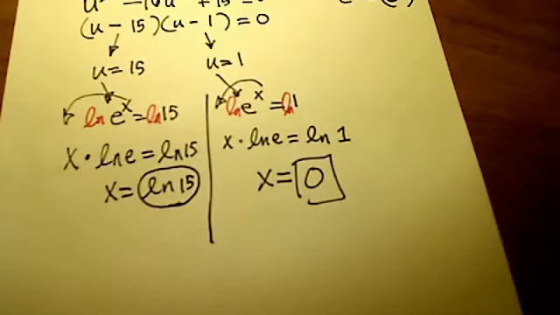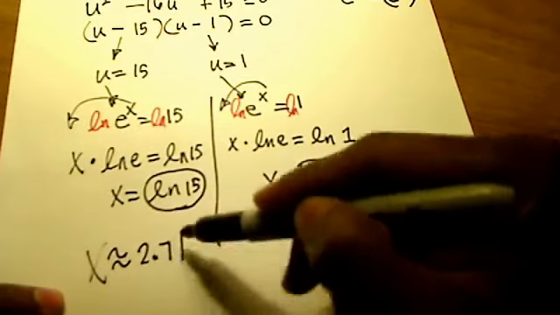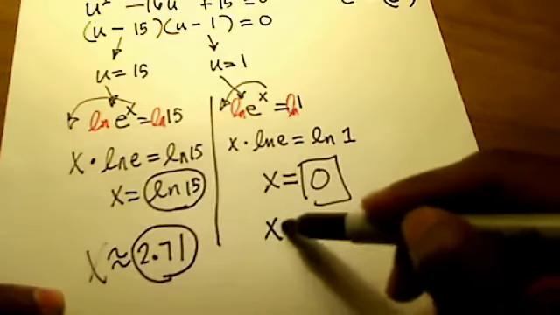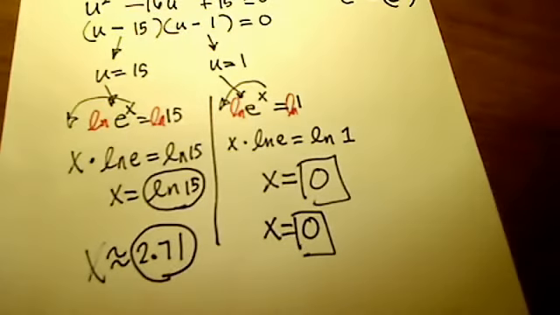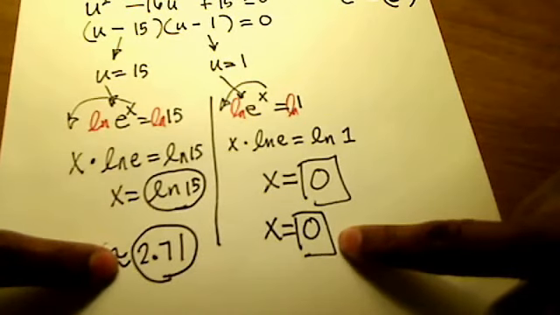So this answer is going to be approximated as 2.71, and this one here is still 0. So there they are in their natural log form, and there they are in their decimal equivalent form. Hope that helps.